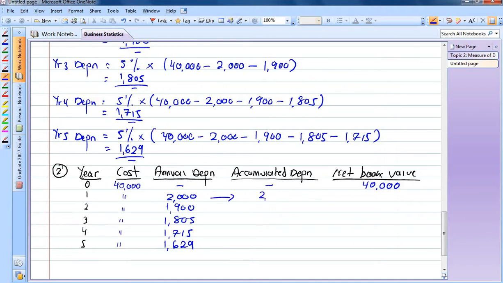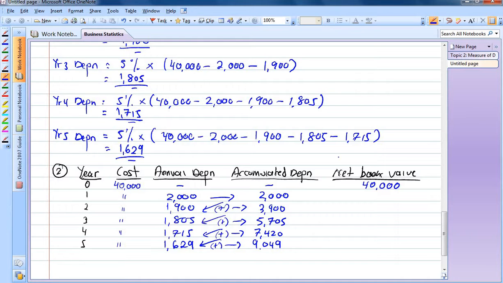And as usual, you start with 2,000, then you add up. You get 3,900, then you add up, 5,705, then you add up, 7,420, then you add up, and you will get 9,049.